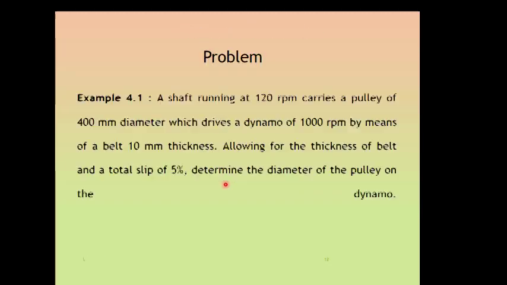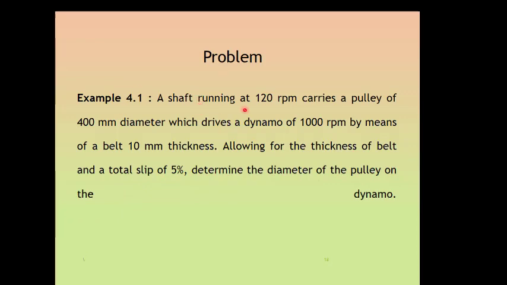So let me explain one problem. A shaft is running at 120 rpm with a pulley of 400 mm diameter, which drives a dynamo at 1000 rpm by means of a belt 10 mm thick. Allowing for the thickness of the belt and slip, determine the diameter of the pulley.